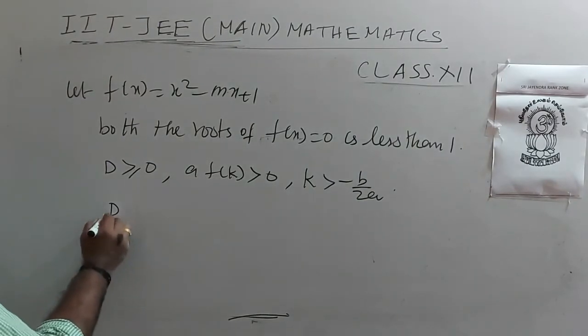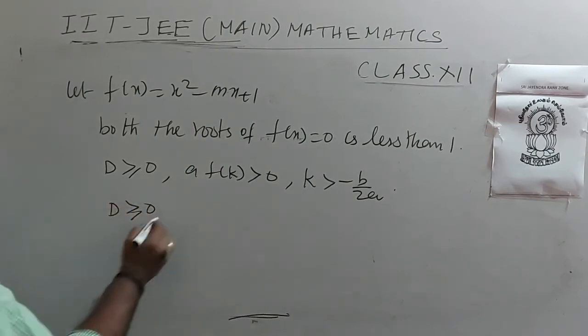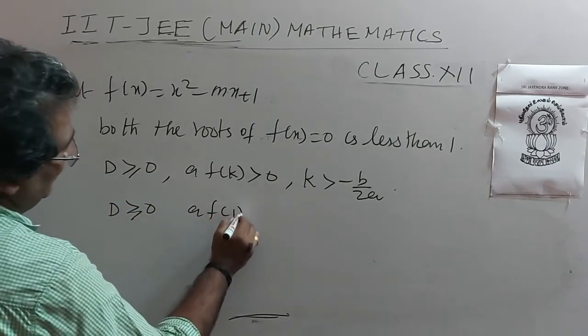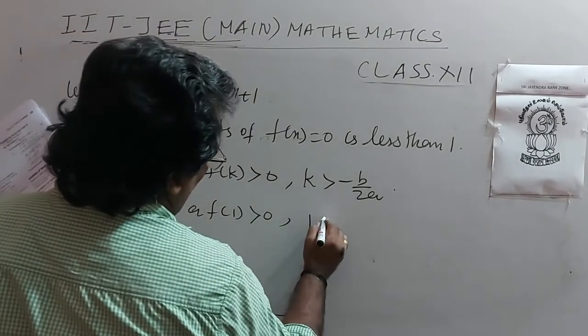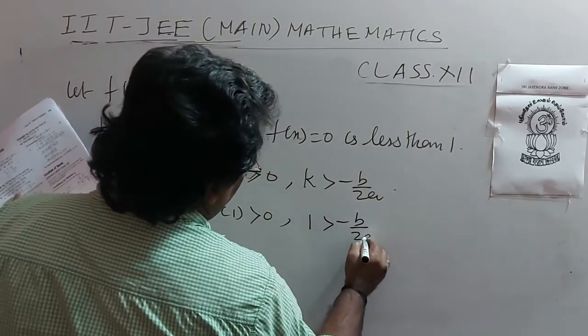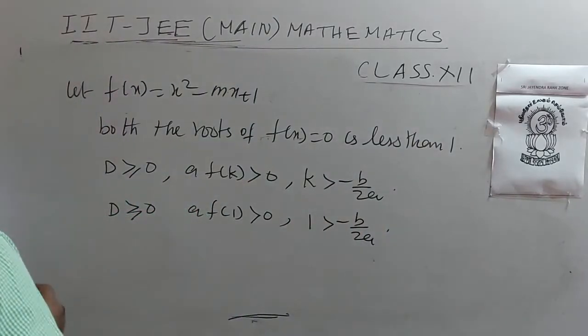That is D greater than or equal to 0, a into f of 1 greater than 0, 1 greater than minus b by 2a.